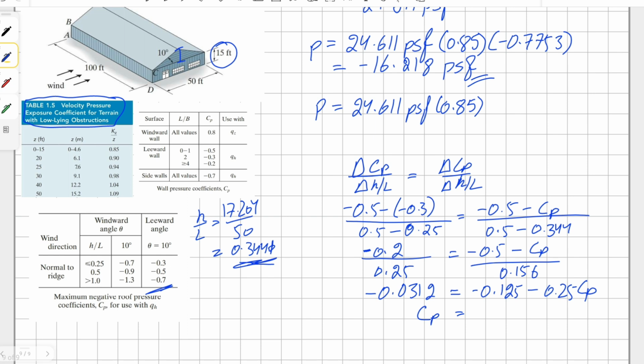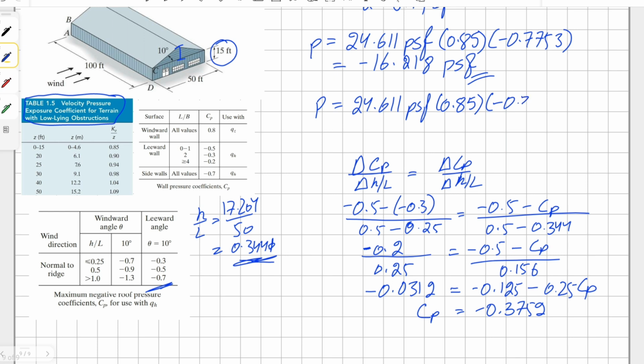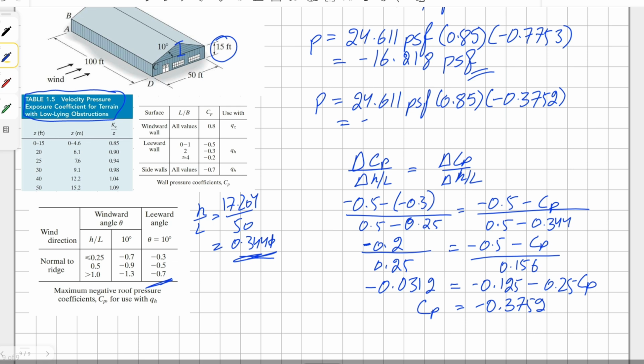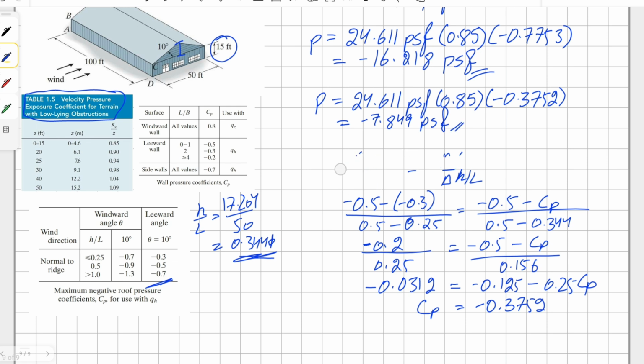Divided by 0.25, and we get negative 0.3752, and this looks better. Plugging this value into our equation here, 0.3752, and solving this on our calculator real quick, we get negative 7.849 pounds per square foot, and this is our leeward side roof load.